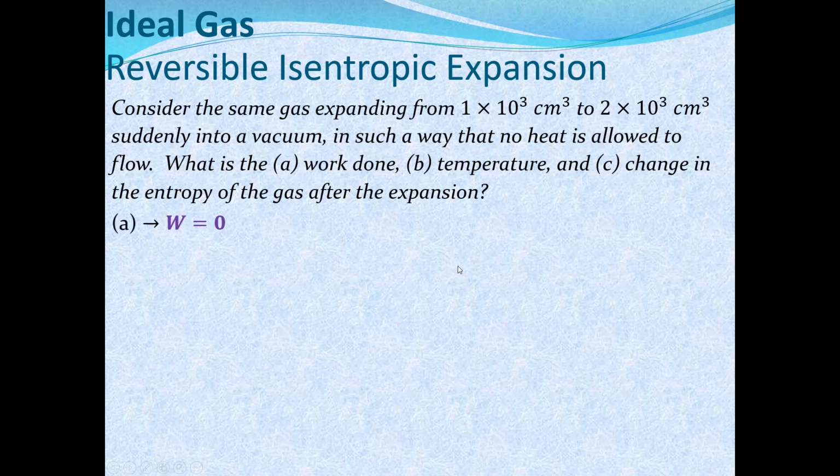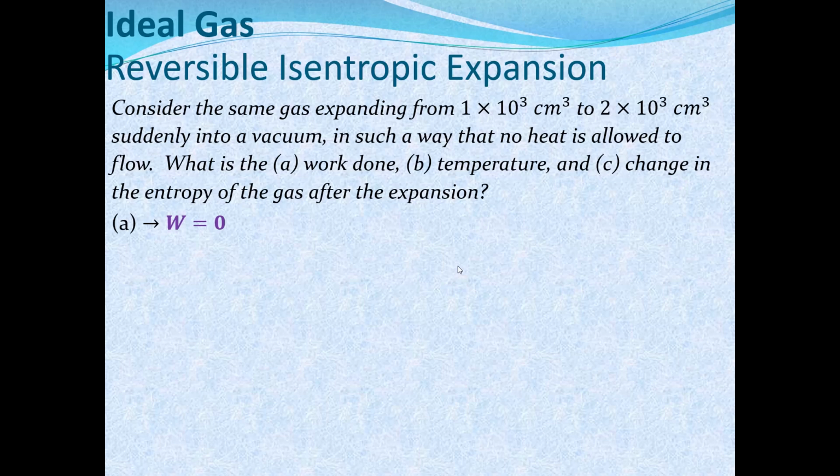So the work done, because it's being expanded in a vacuum, that's actually another thing that I don't think we discussed in this class. This is usually called a free expansion. The fact that it's done in a vacuum means that there is no pressure that it has to counterbalance.